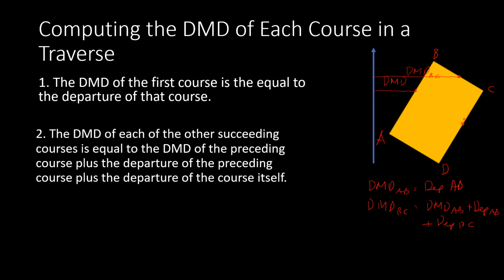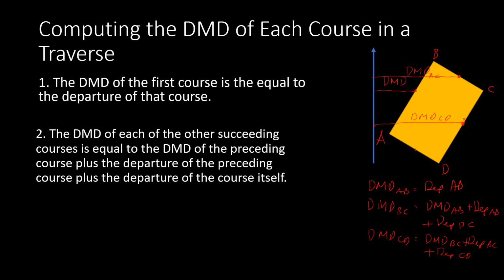So if this is the midpoint of CD, this is the DMD of line CD. Of course, twice the distance. The DMD of CD is twice this distance. And the DMD of CD is equal to the DMD of the preceding line BC plus the departure of the preceding line BC plus the departure of the course itself, CD.